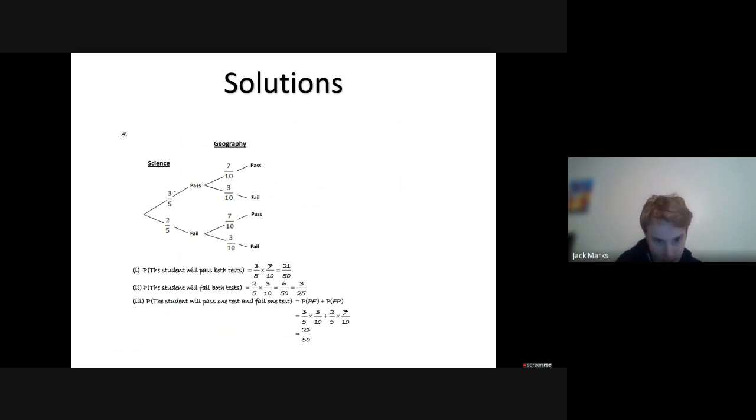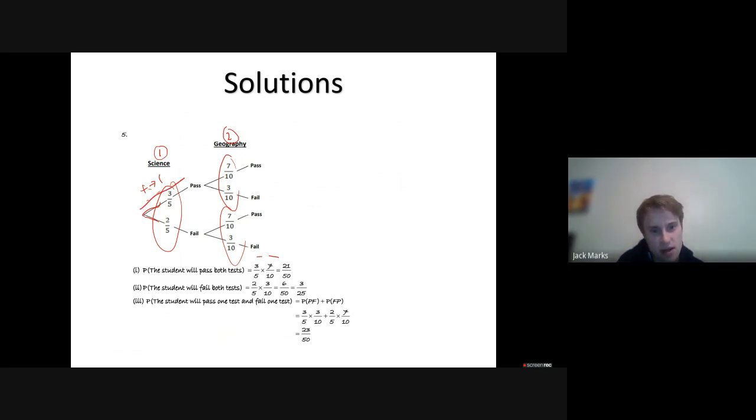What are some things we notice on a tree diagram? First of all, when you branch off, probabilities add to 1. Here and here, here and here, and so on. If we want to find the probability of one event and then the other event, so for example, the first event is passing science and the second is passing geography, we follow the diagram.